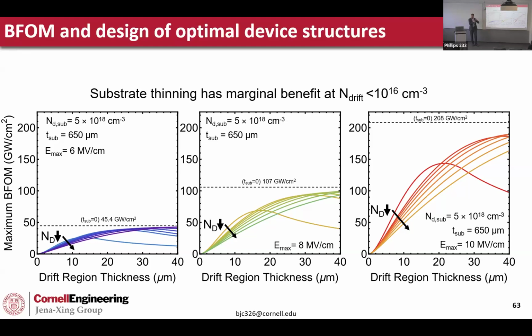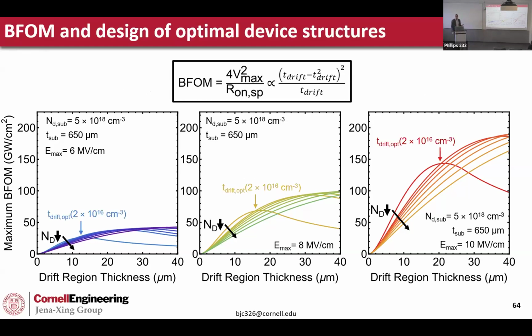You're splitting the resistance between the drift region and the substrate. But if you lower the doping, the resistance is dominated by the drift region, so thinning the substrate will give you negligible benefits. Another thing is that the dependence in the punch through case comes through here.